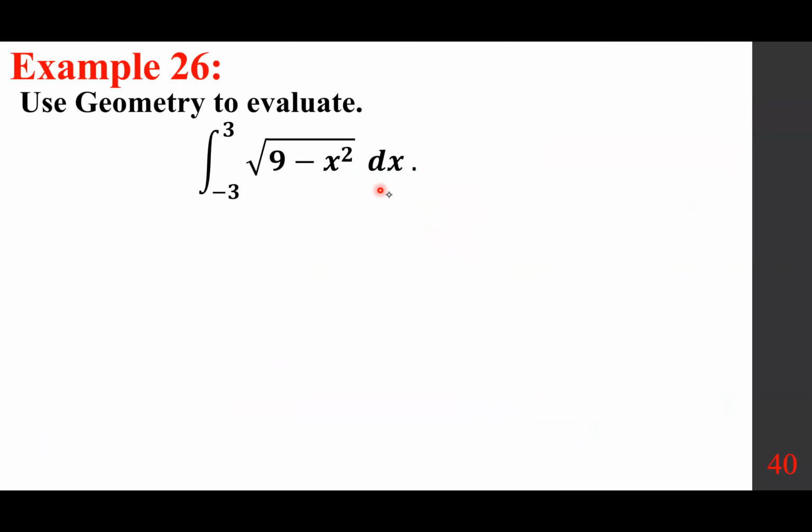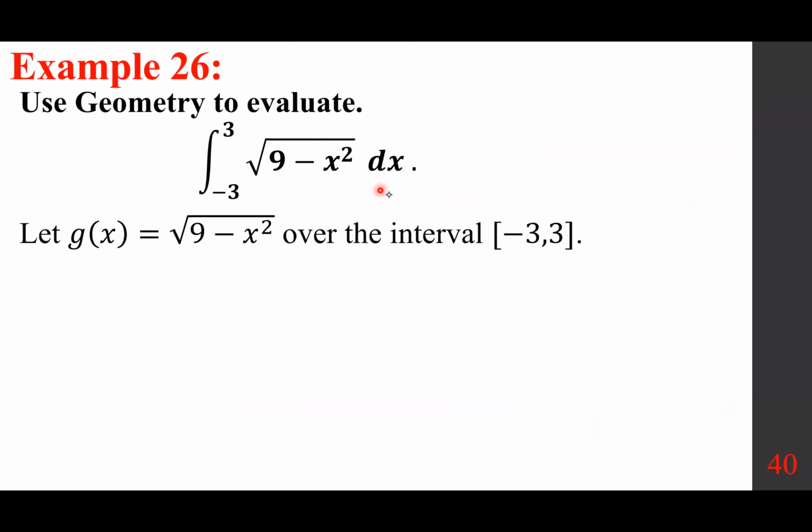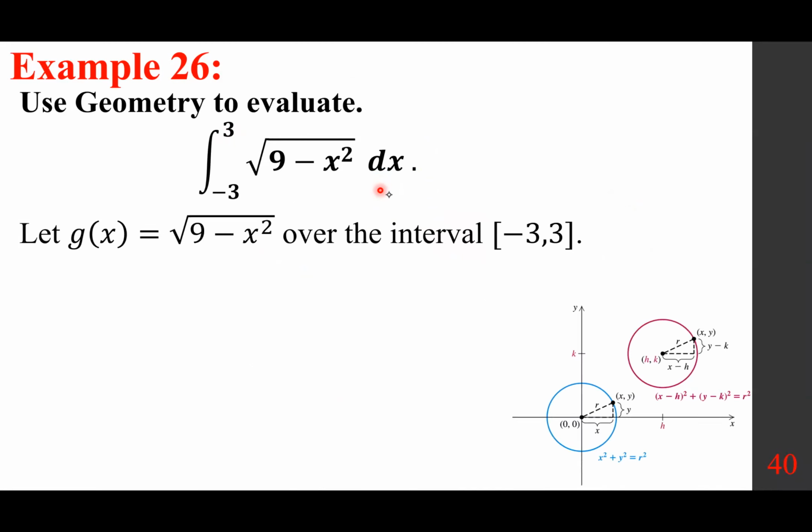It's easy to see the function g of x is the square root of 9 minus x squared. We want it over the interval of -3 to 3. If we recall the equation of circles centered at 0, 0, x squared plus y squared is r squared, or (x minus h) squared plus (y minus k) squared equals r squared.